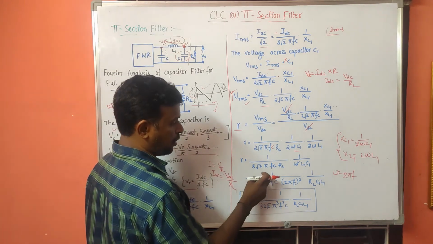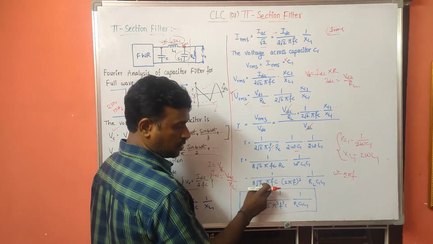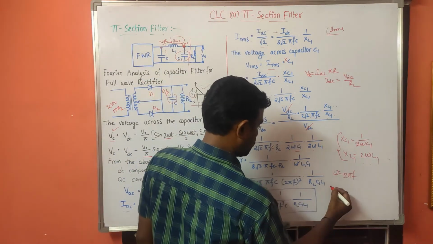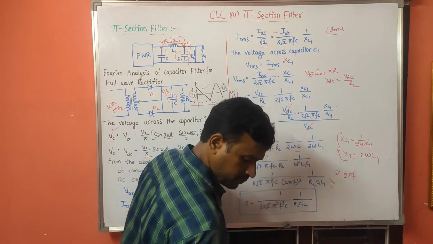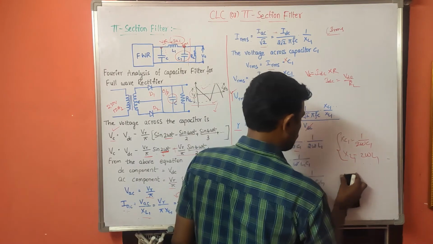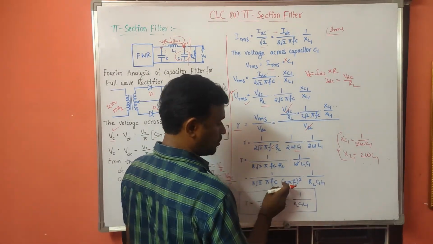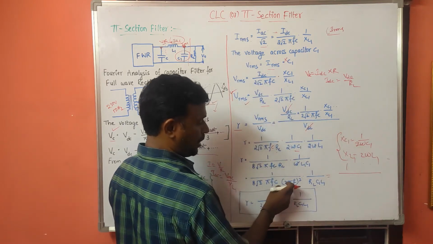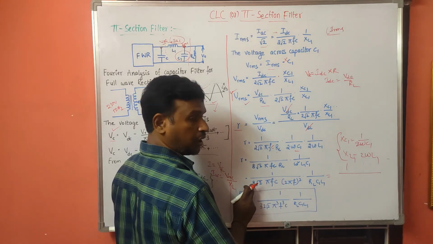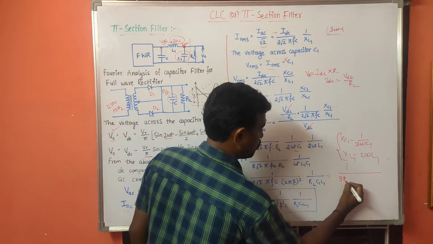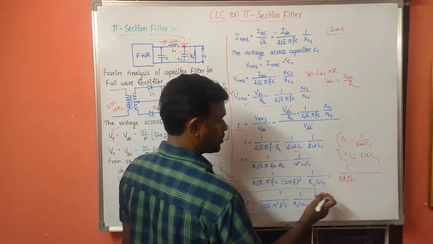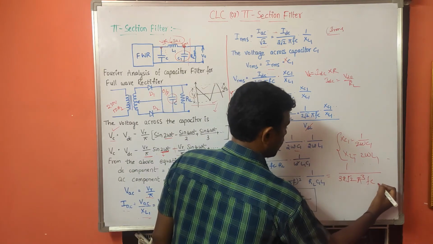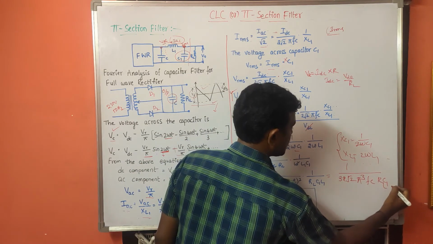Now it is 1 by 8 root 2 pi multiplied by 4 pi square, that is 4 into 8 is 32. If I substitute omega is equal to 2 pi f, it becomes 2 pi f whole square. Therefore 4 pi square, 4 into 8 is 32 root 2, and pi into pi square is pi cube, and f square multiplied by f is f cube, and C, and RL C1 L1.